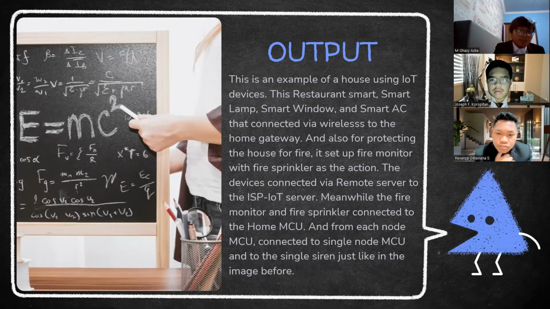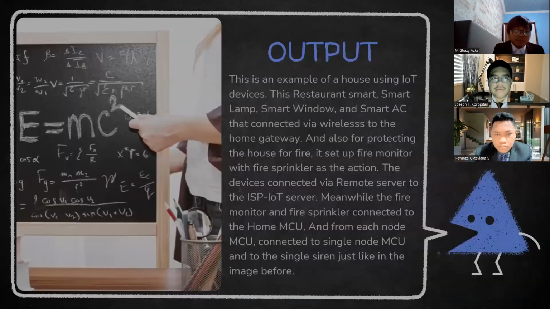Meanwhile, the fire monitor and fire sprinkler are connected to the restaurant MCU, and each node MCU is connected to a single node MCU and to the single siren, just like in the image before. Next slide.